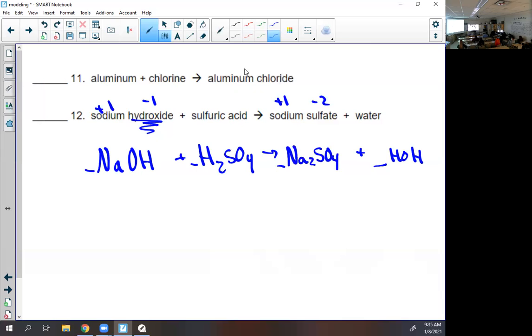I just balance. I'll just start with the metal, 2 Nas. So I need 2 Nas. That means I have how many OHs? 2. So I put a 2 in front of water. That makes 2 H's, but I have 2 H's, so I'm done.